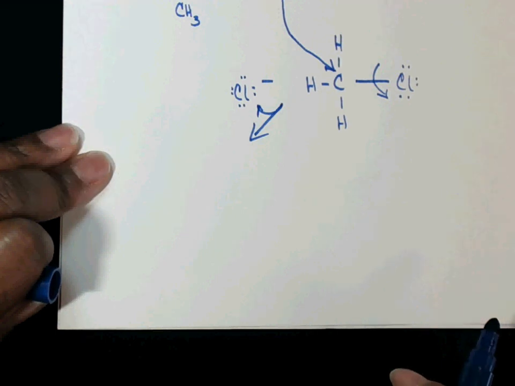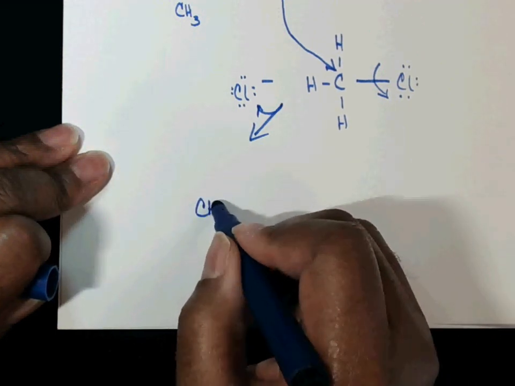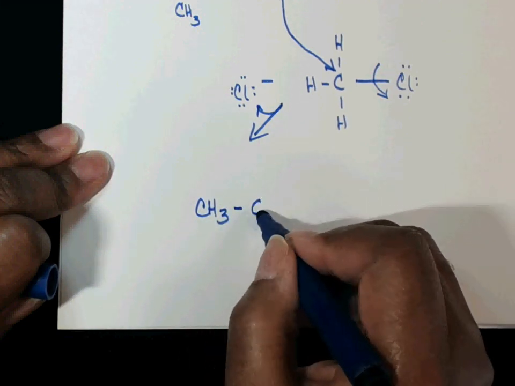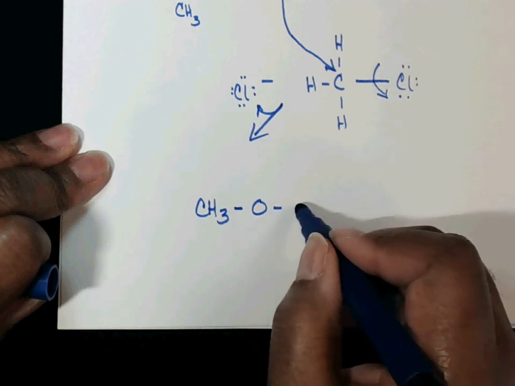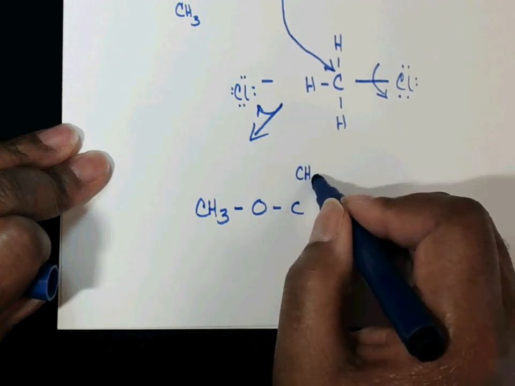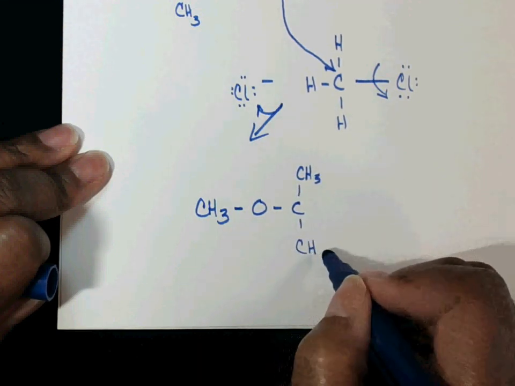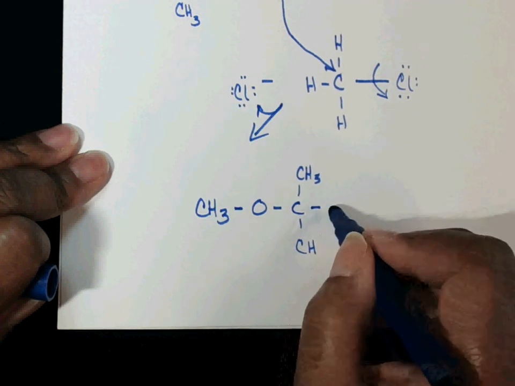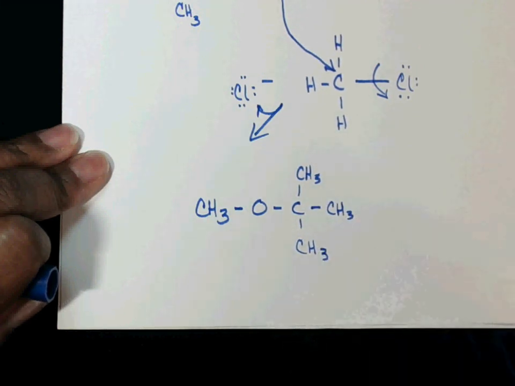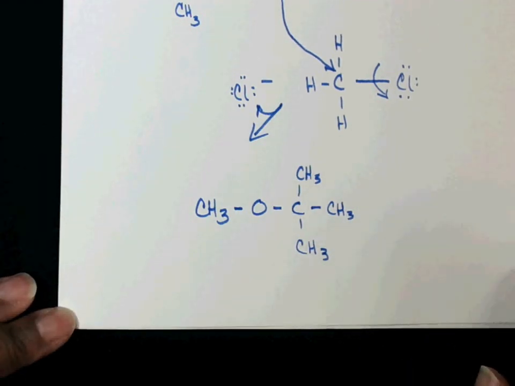All right. And we are going to be left with an ether comprised of a methyl group and a T-butyl group. Now, how would I name this?